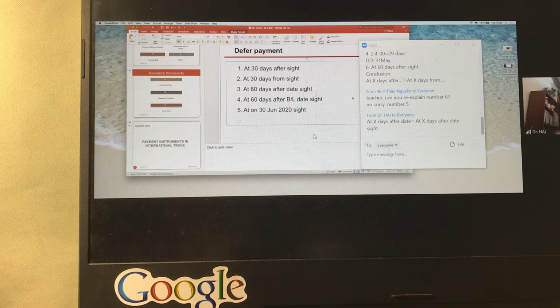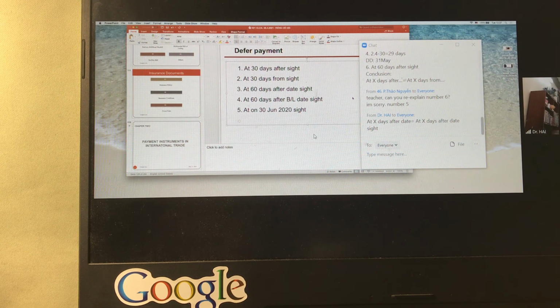It doesn't depend on when you ship the goods. Maybe before or after 30th of June. But because the exporter and the importer agreed to choose this one, the payment will be made on 30th of June. You don't need to calculate.